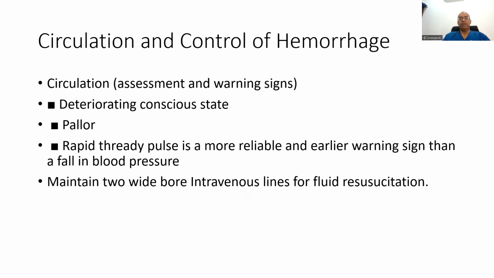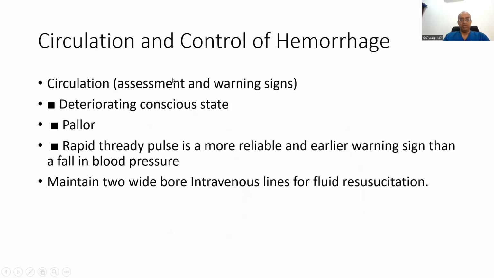So the third component of the primary survey is the circulation and control of hemorrhage. So it is not only circulation, it is control of hemorrhage as well. Control of hemorrhage is usually done in the pre-hospital management in the field when the patient is received by the emergency staff. Any obvious bleeder has to be covered with a pressure dressing, and the patient is transferred to the hospital facility.